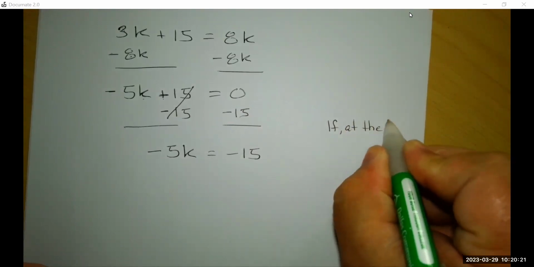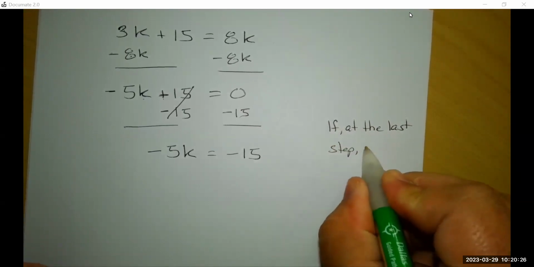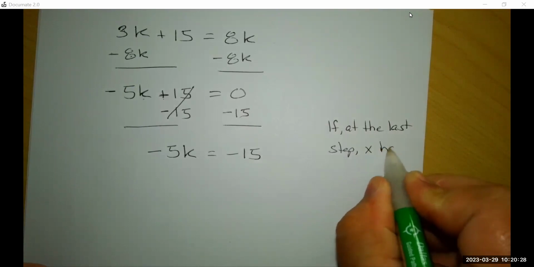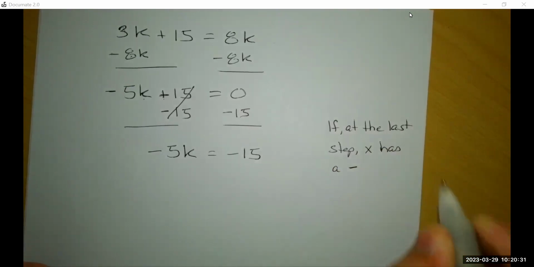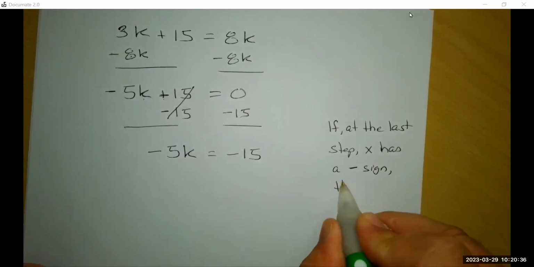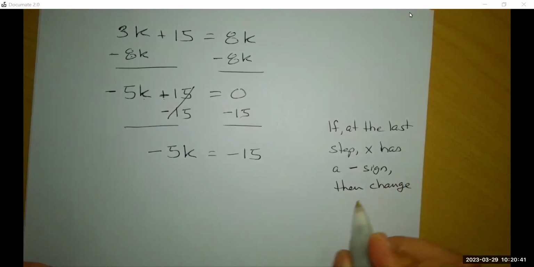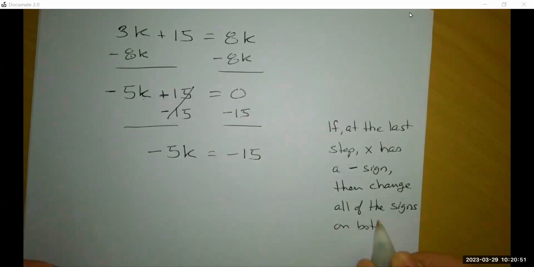If at the last step, X has a negative sign, then change all of the signs on both sides of the equal sign.